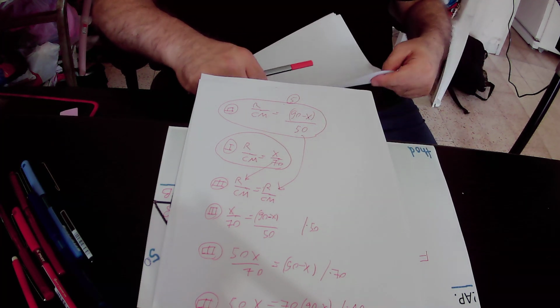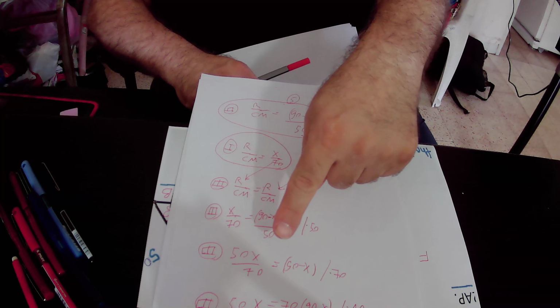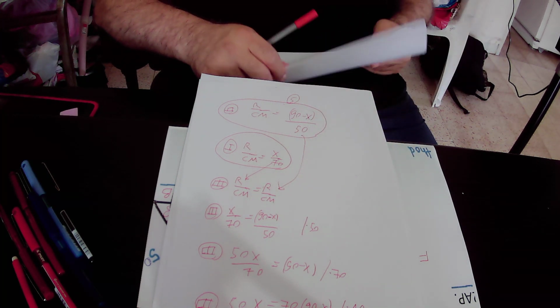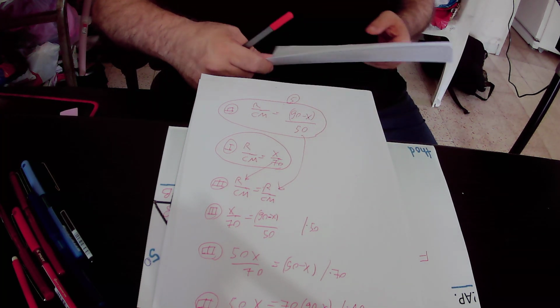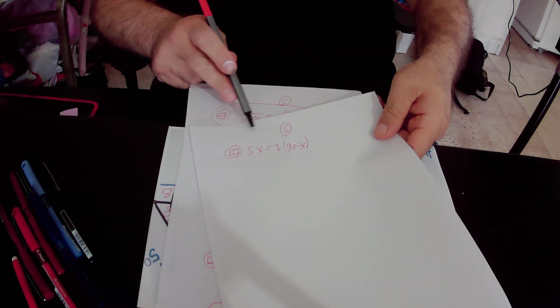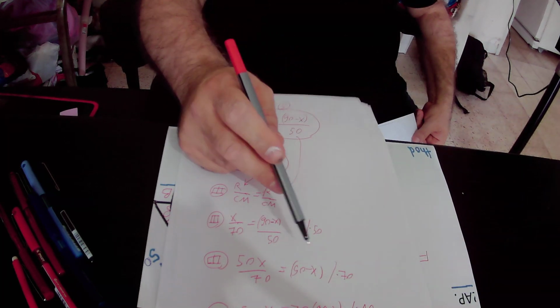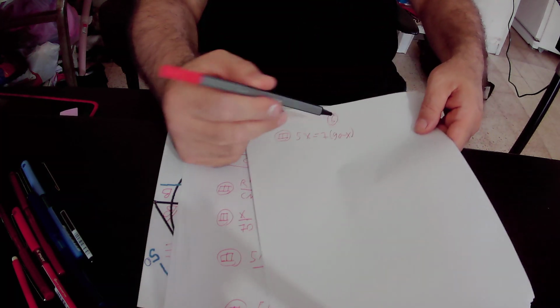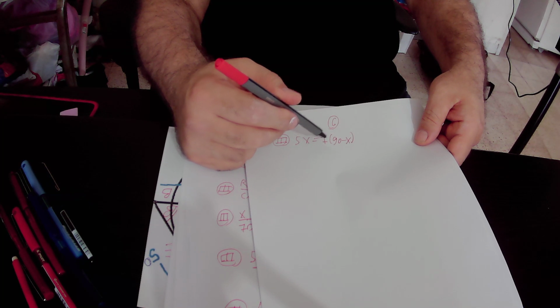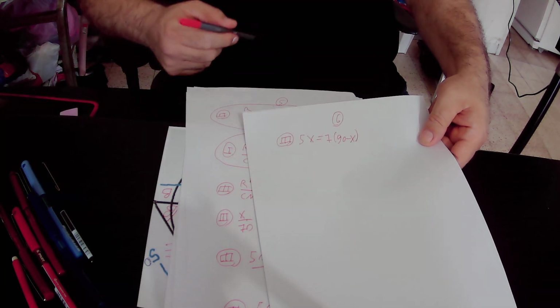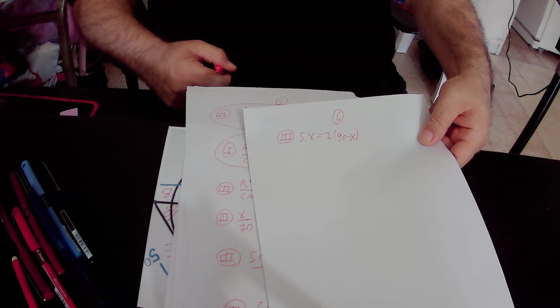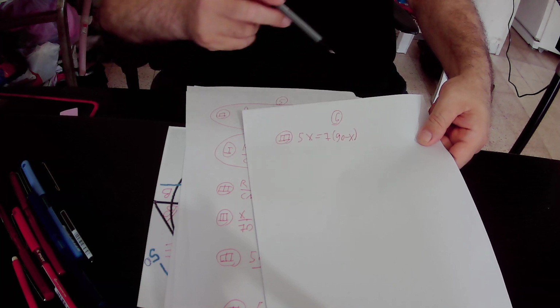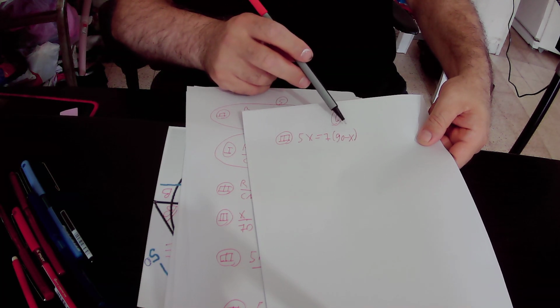So 50x divided by 10 equals 5x, and 70 divided by 10 equals 7. So in total we have 7 times 90 minus 6. Now I will open the brackets in this side of the equation.